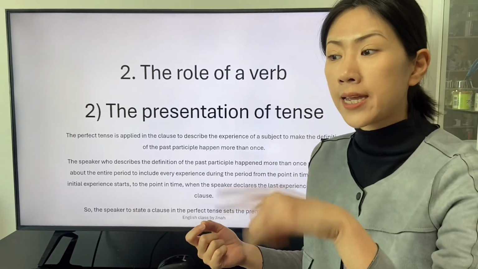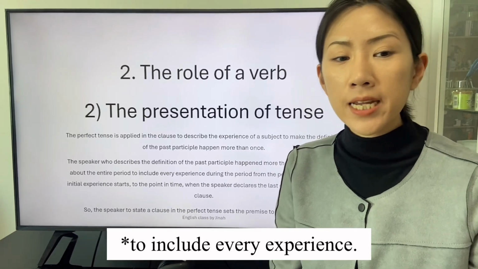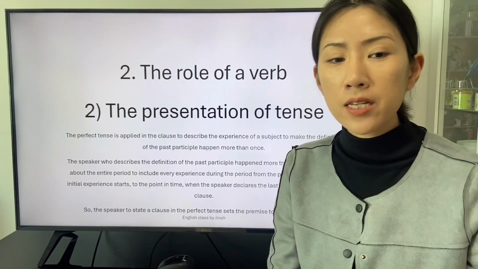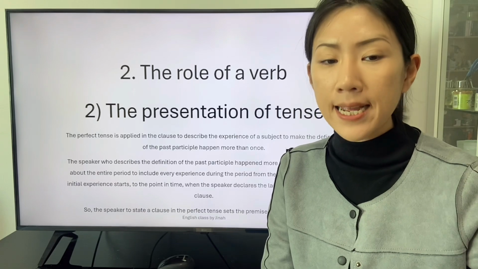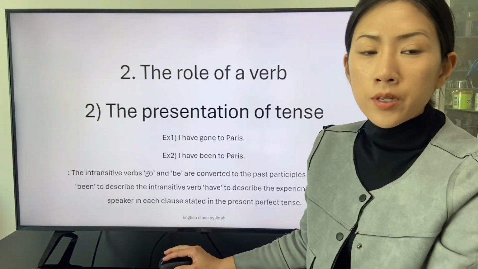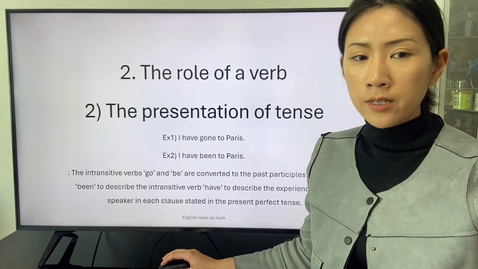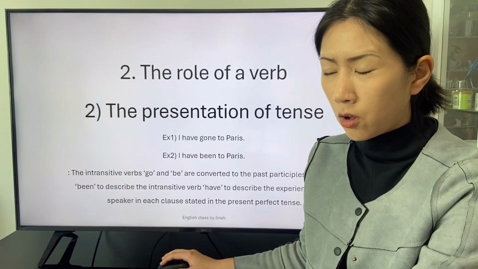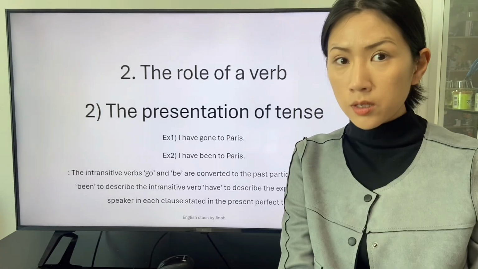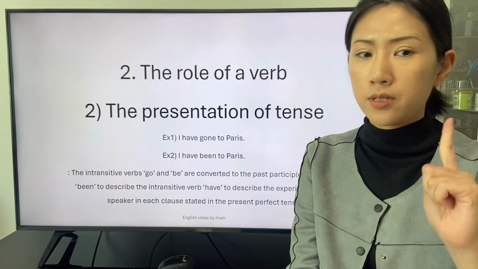Inevitably, it indicates a period of time. So the speaker stating a clause in the perfect tense sets the premise to deal with the period. There are 2 exemplary clauses. The first one and the second one are stated with the different past participles gone and been.